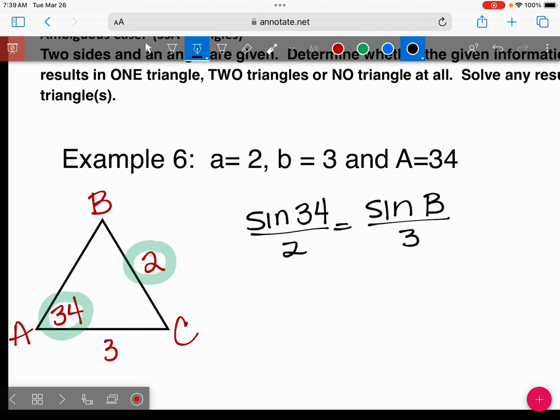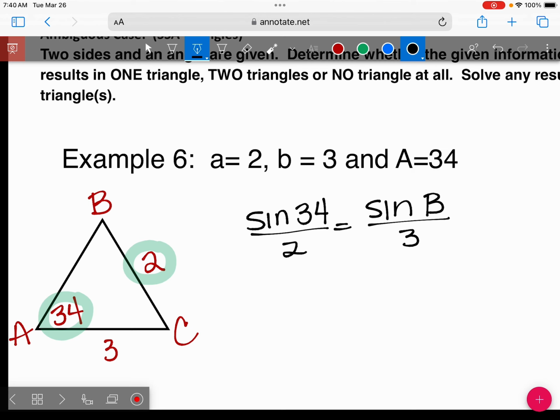Go ahead, cross multiply and solve that for angle B. All right, who got 57 degrees? All right, let's go ahead and type it in.